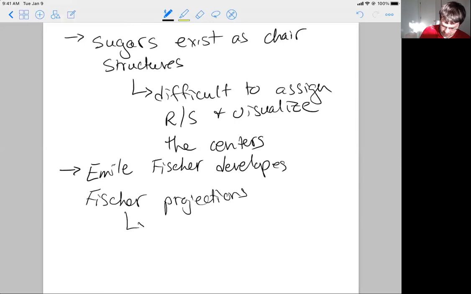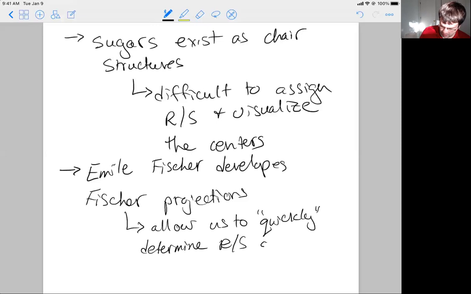And these allow us to quickly, I'm going to put that in quotes, it takes some getting used to, allow us to quickly determine R and S on acyclic sugars.